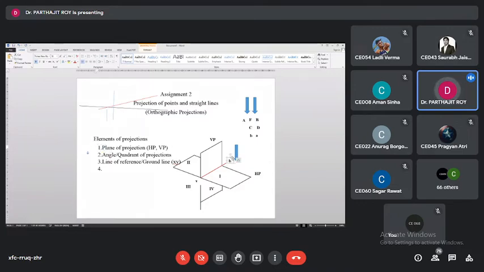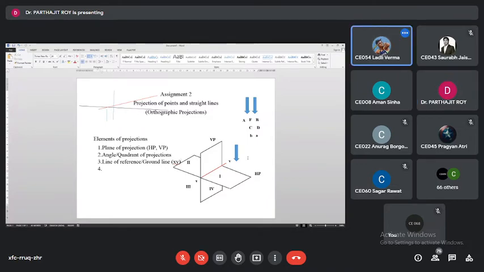You are not allowed to represent your ground line by any name other than the two letters x and y in lowercase. Is it okay? This is the symbolic representation of the reference line or ground line. Am I clear? Yes, sir. Okay.